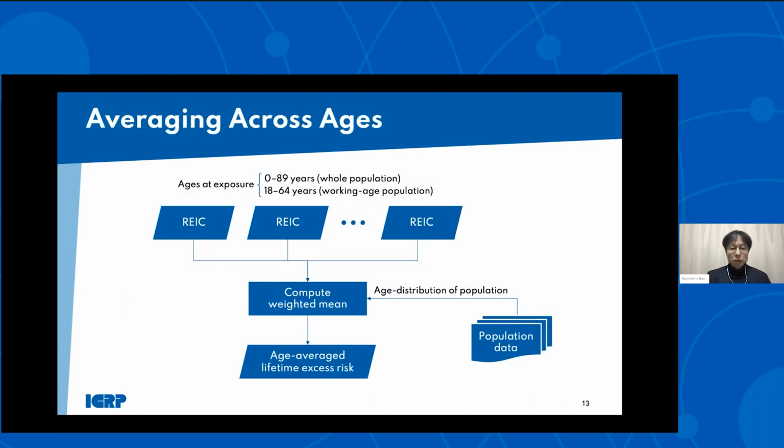This slide summarizes the process of averaging across ages. REICs for 0 to 89 years of age were used to calculate nominal risks for the whole population, and 18 to 64 years of age for working age population.